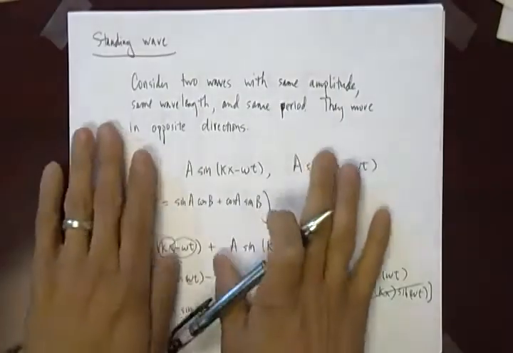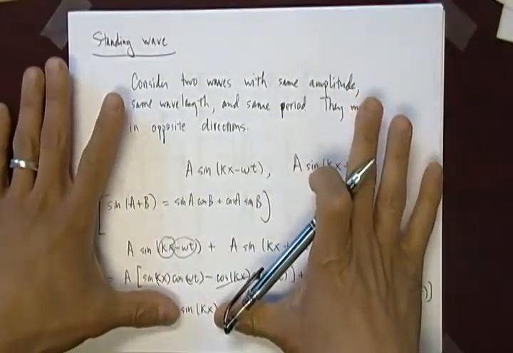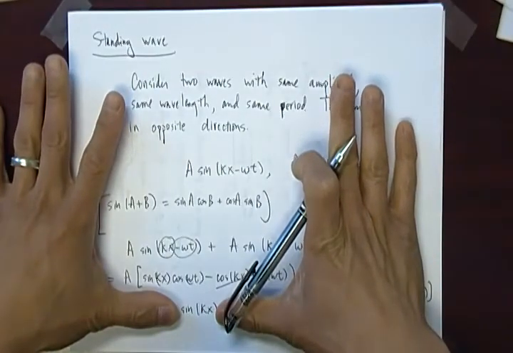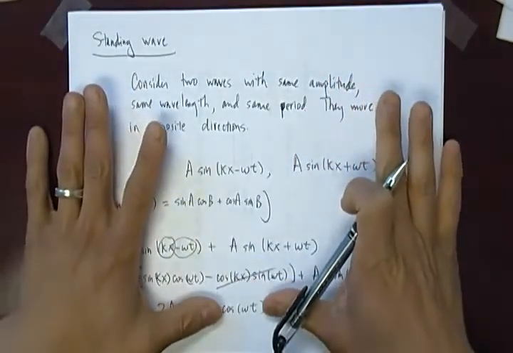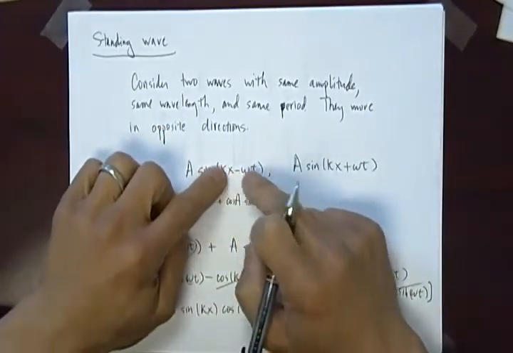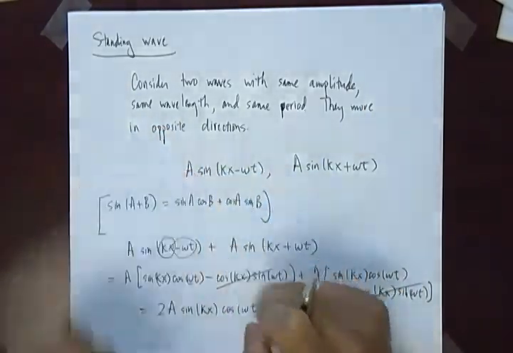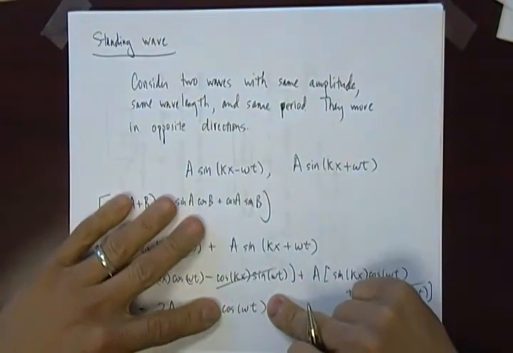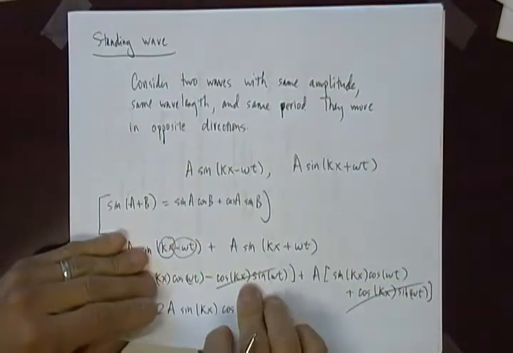We have a sine that's a function of just x multiplied by a cosine that's just a function of t. It's not a combination of x minus something with t inside the sine. It's a product of the sine of kx and a cosine of omega t. So what does that look like? That is what we call a standing wave.